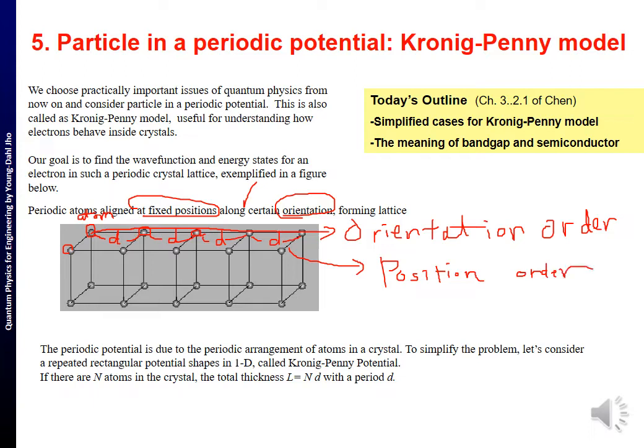If we have two different orders in the lattice, then we call it a crystal. Basically, crystal is the backbone of semiconductor materials and devices. So it is an important concept.